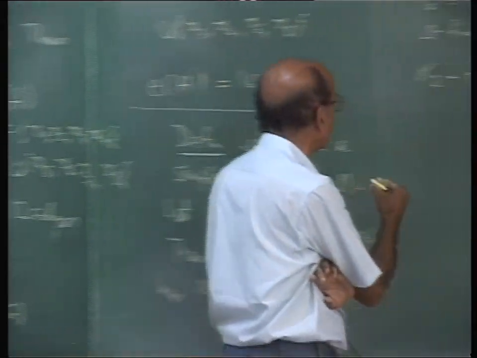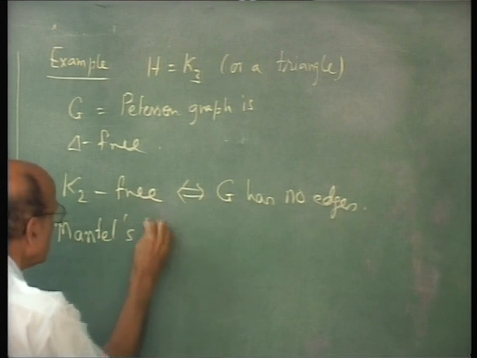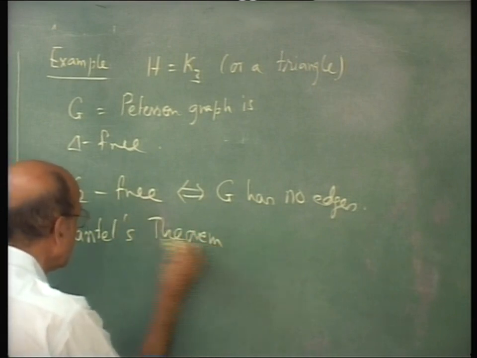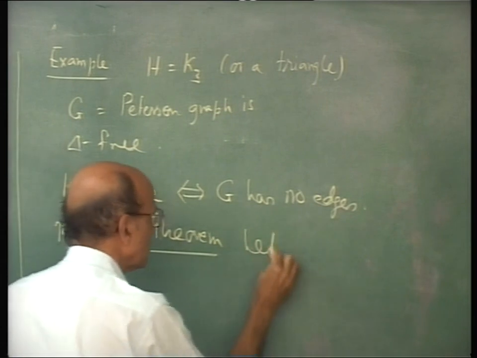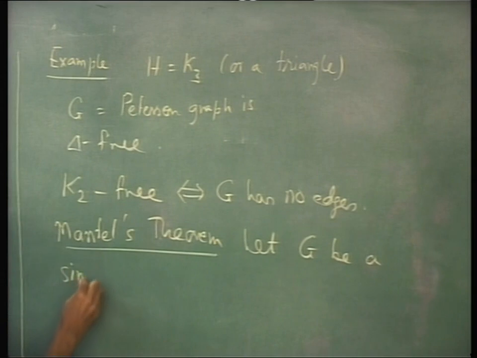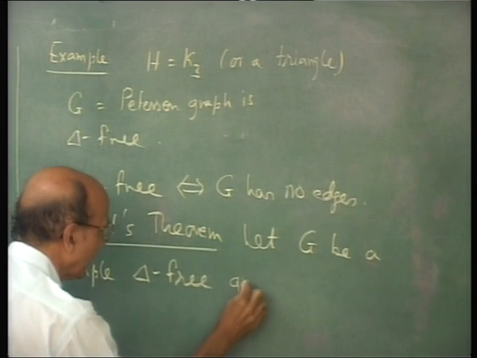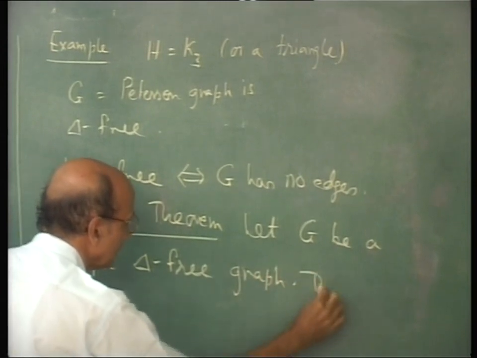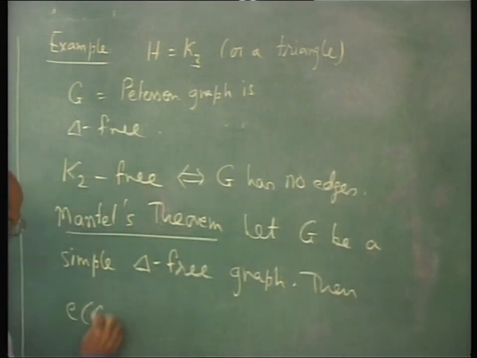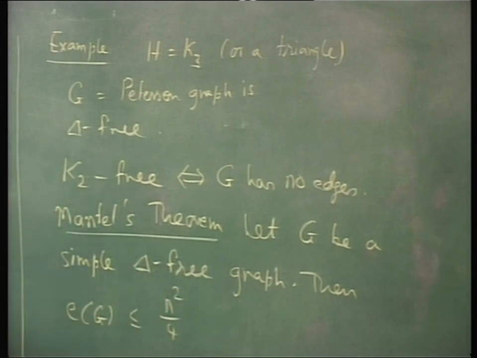So let's write the statement. n square upon 4.